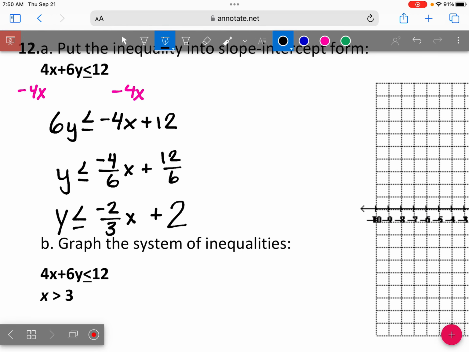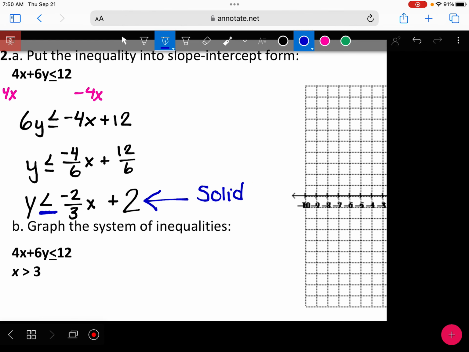Now we're asked to graph our system. So I'm going to graph this guy blue. Are we going to be using a solid line or a dotted line? Dotted. No, solid. Solid line. How do we know that? Because it's got this equals to line. If there's a line underneath, we're drawing a line.